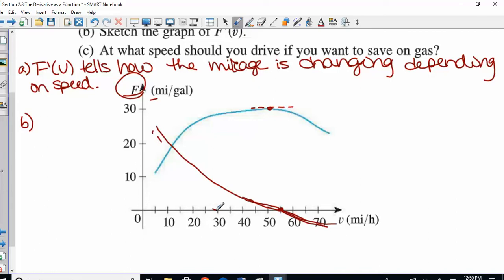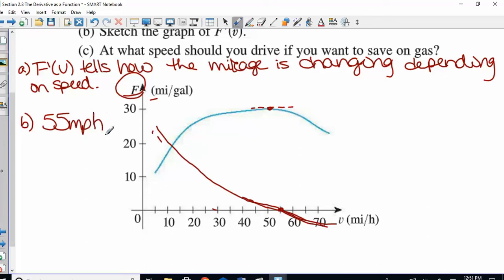So whether I'm going 10, 30, 40, my mileage, maybe it's going up by less, but it is still improving as I speed up. Right here, what's happening to my mileage? It's negative. So it's telling me the faster I go, it's actually declining. So what is my optimal speed here? 55 miles per hour.